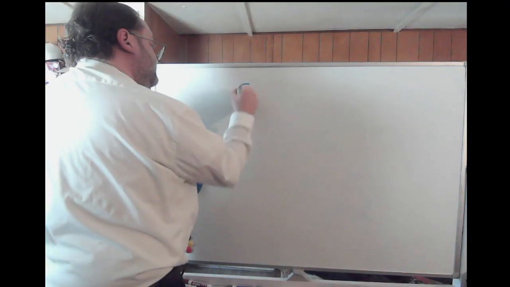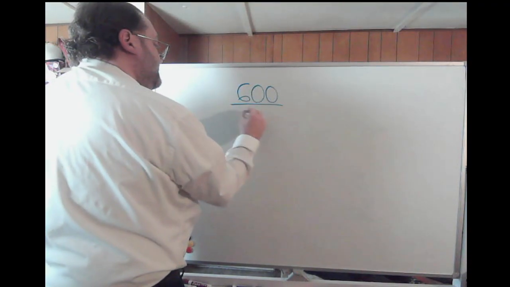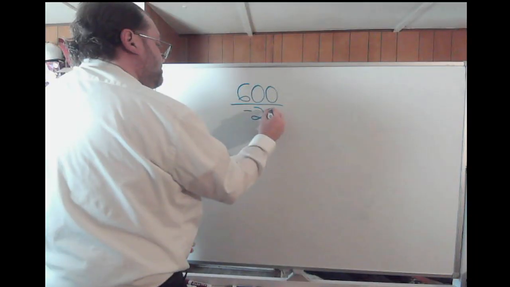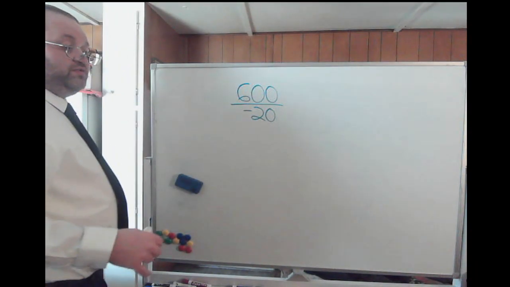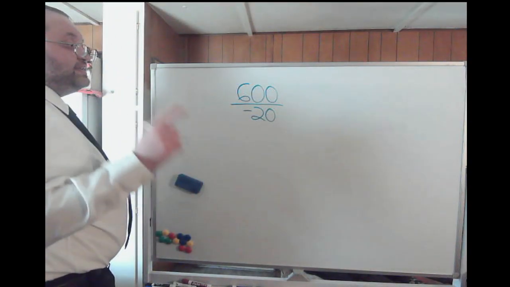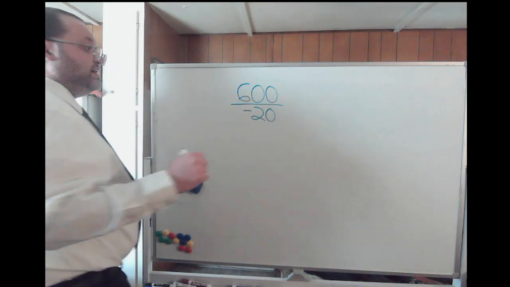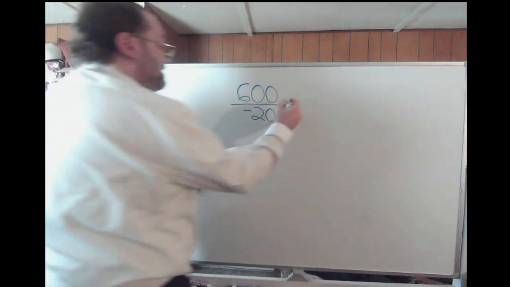Alright, how about 600 divided by negative 20? Because remember, a fraction also is division, so get used to seeing that notation for division. 600 divided by negative 20. It's important to understand that you have a positive divided by a negative, so you're going to get a negative.